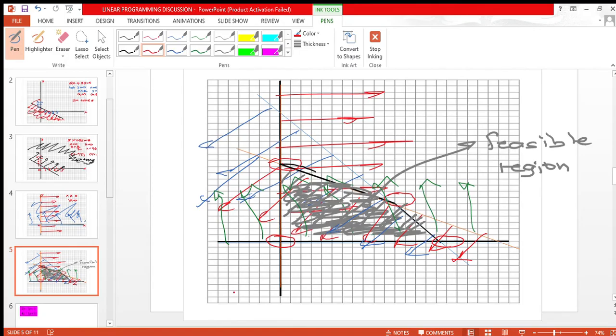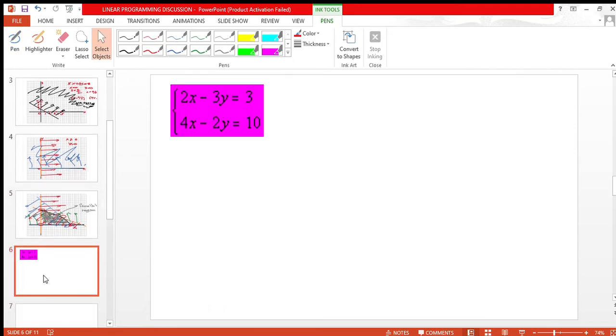So, after considering those corner points, the question is how do we determine the corner points? Let me give an example. Let's say we have these two equations. It was learned in algebra that you have several ways of solving the point of intersection of two given lines.